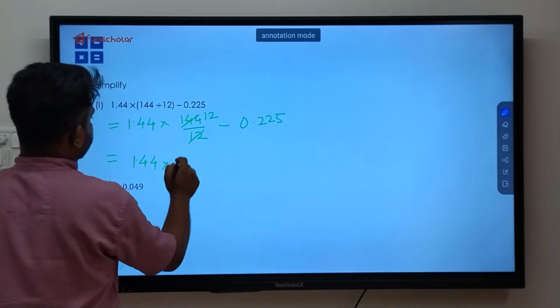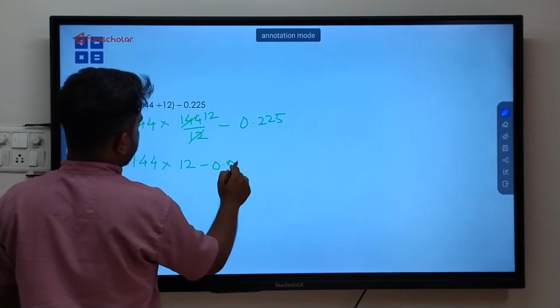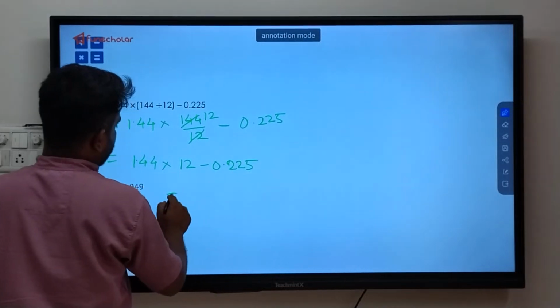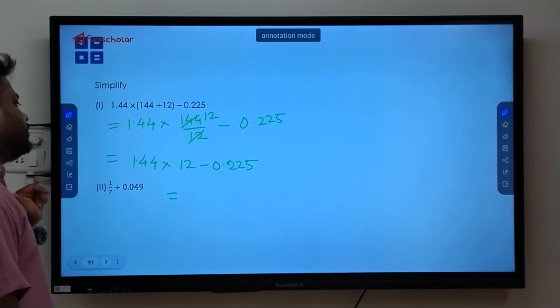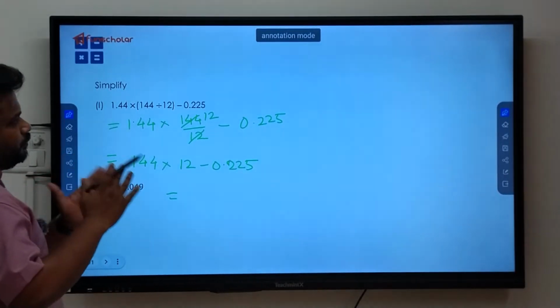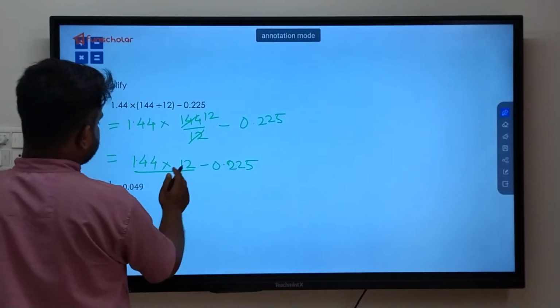Okay, so 1.44 into 12 minus 0.225. And from the BODMAS rule we know that we do the multiplication operation first before doing the subtraction. So this will get calculated first.